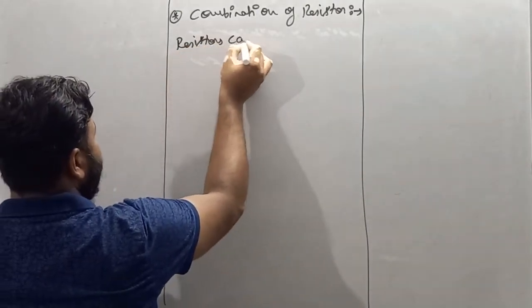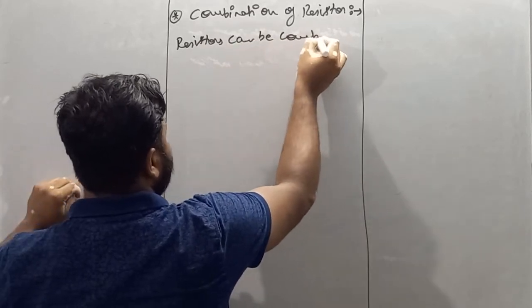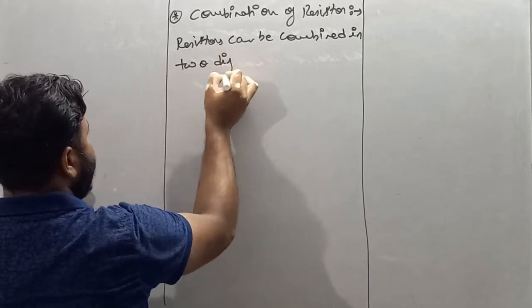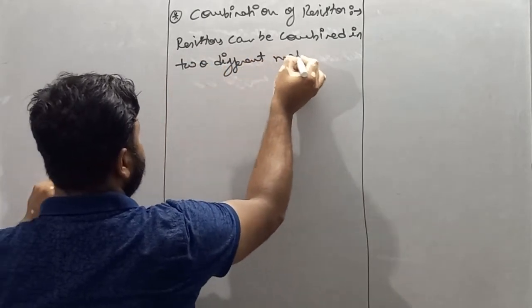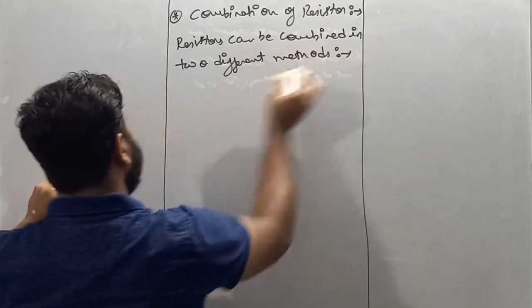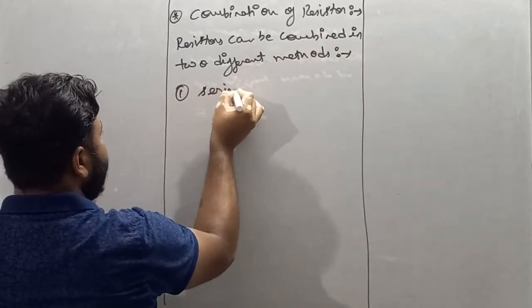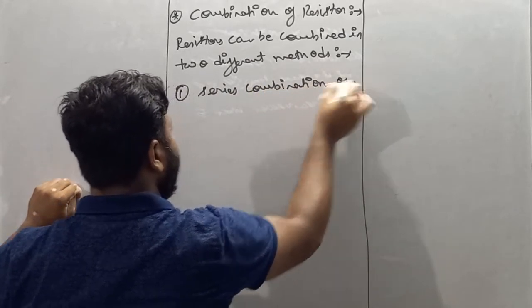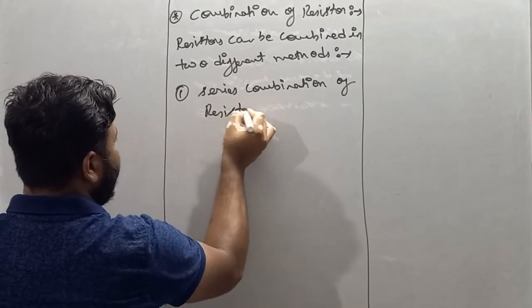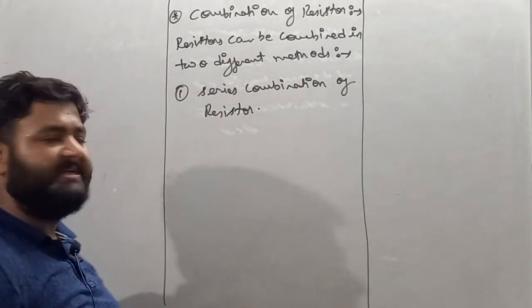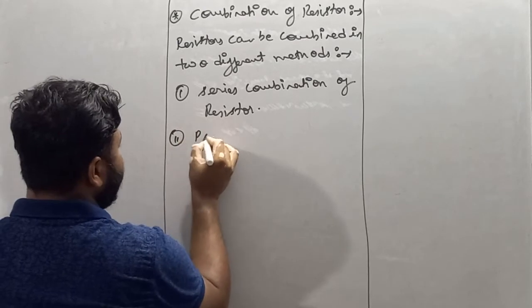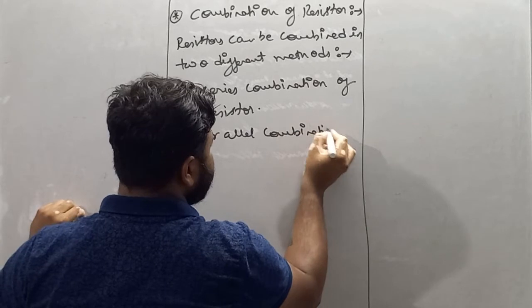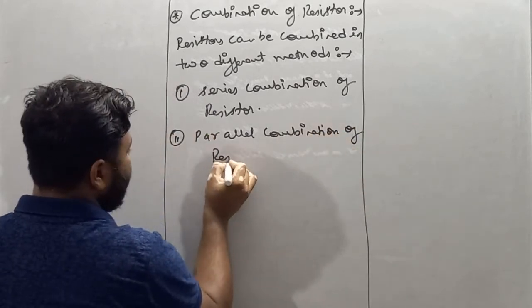First method of combination is series combination of resistor and second combination is parallel combination of resistor.